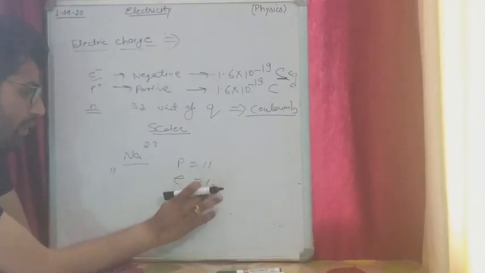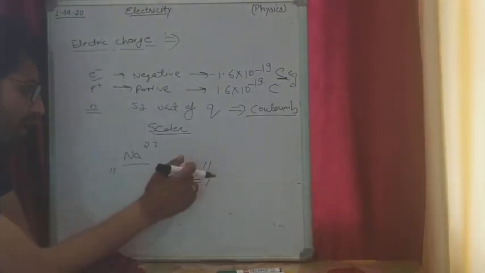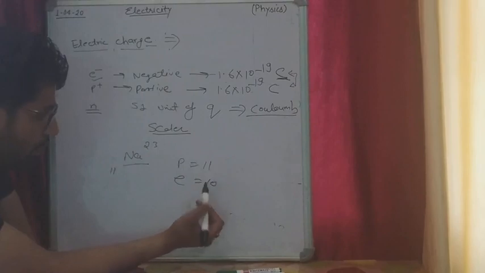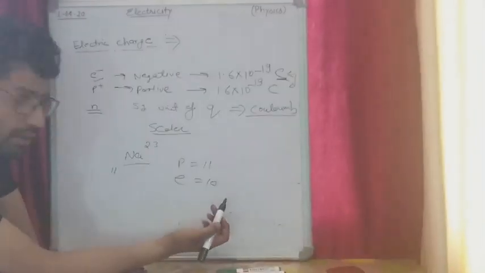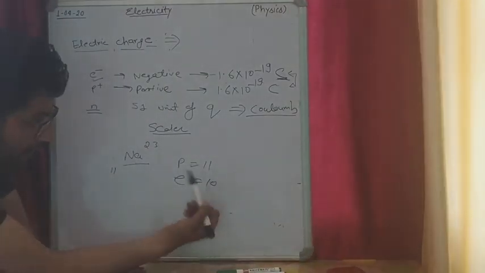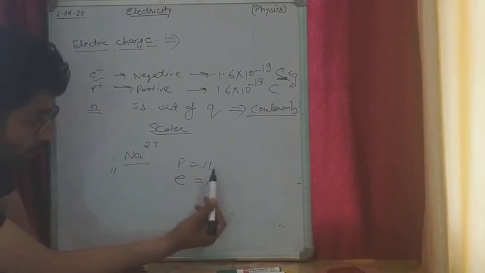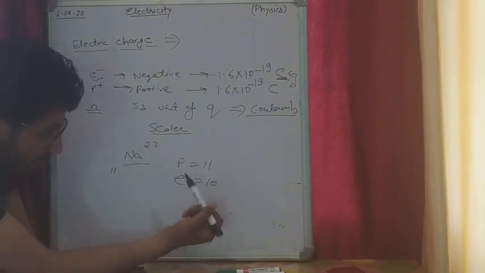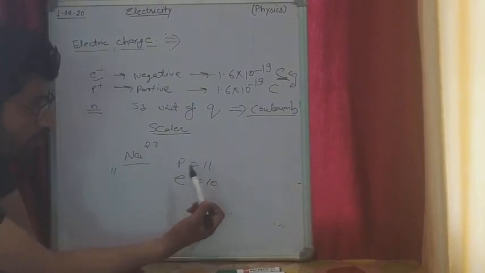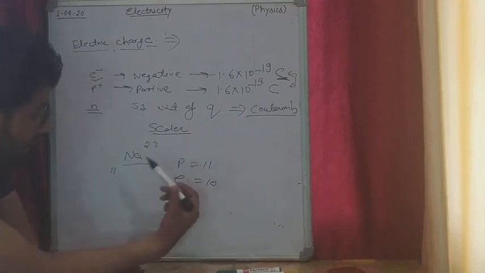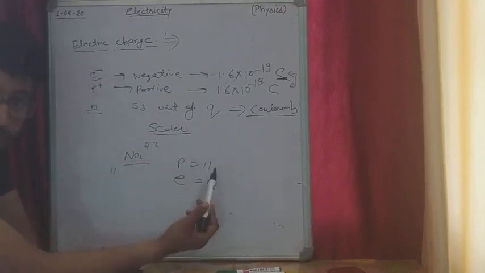If I expel one electron, then what will happen? Then there will be only 10 electrons and 11 protons. It means that now positive charge will be higher. Then it will acquire a positive charge of plus 1.